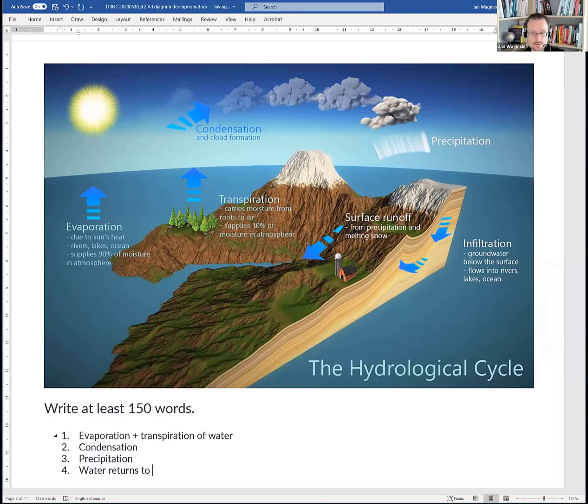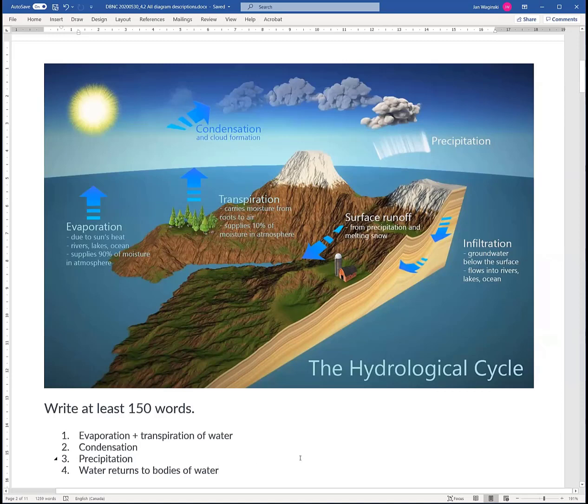Well, let's just say water returns. The return cycle, right? Okay. Bodies of water, and then it repeats, right? Okay, so let's flesh this out. We've got our four parts.